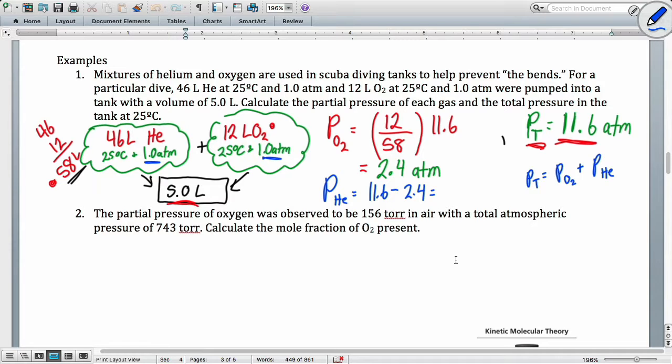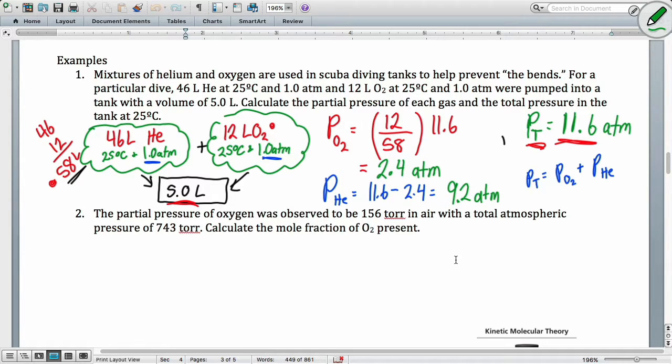So 11.6 minus 2.4, and I get 9.2 atmospheres as my partial pressure of helium. And again, you could check that with the mole fraction. It would be 46 out of 58 times 11.6, and you get the same answer, 9.2.